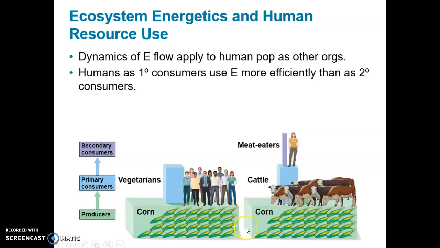And because of that business of 10% biomass transfer from one level to another, if we act as vegetarians, we are much more efficient and have to grow less plant material, less farms, less destruction of habitat, versus if we behave as secondary consumers, carnivores, then we have to support a much larger amount of agriculture, meaning ecological harm, to grow enough herbivores to feed us if we behave as meat eaters.